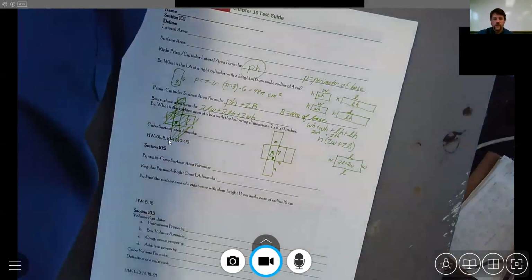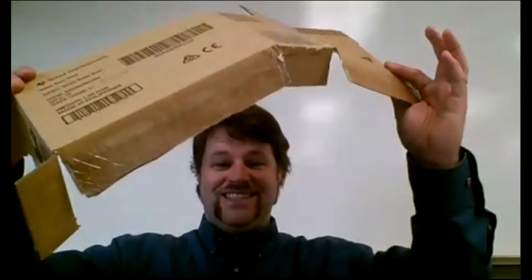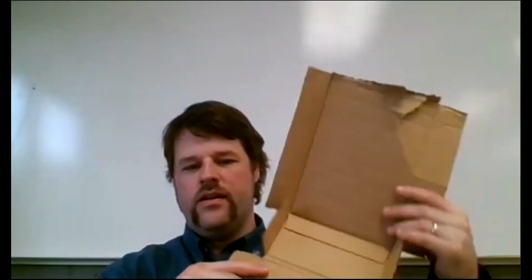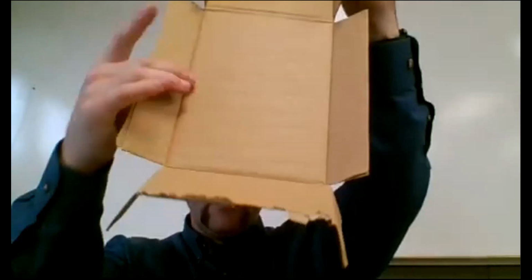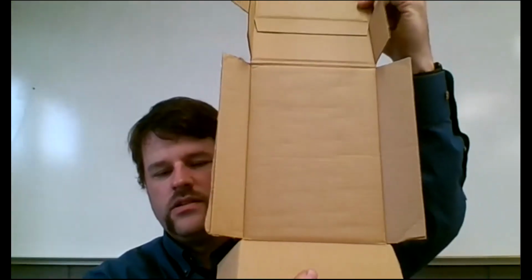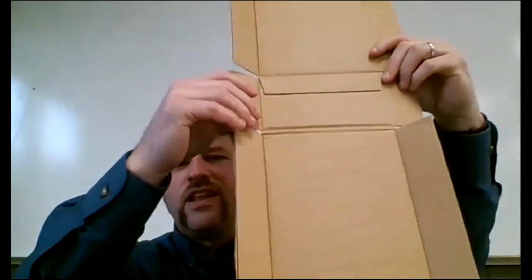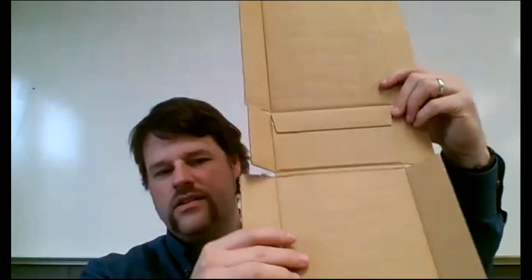I don't really have a great example here. Maybe I'll rip up a box, kind of show you what this would look like. So here's a net. Here's my base. And then what's different here is that these flaps have to be put together.